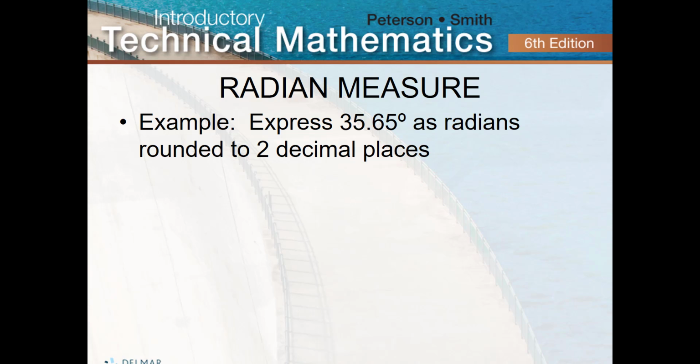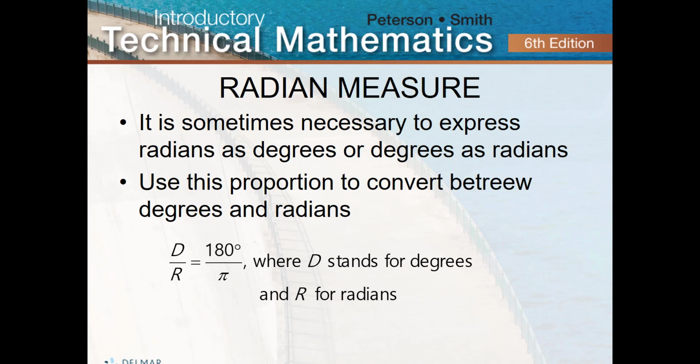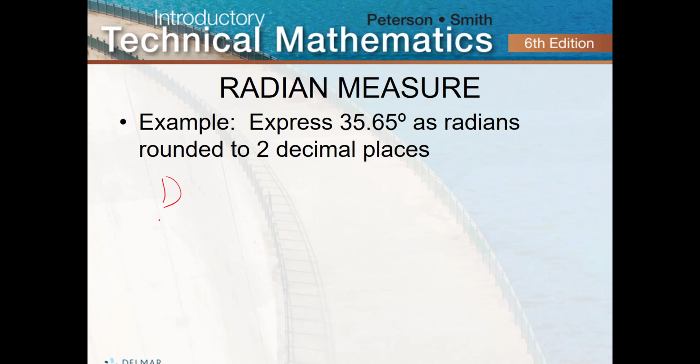All right, so let's go back to our formula. We said degrees over radians equals 180 degrees over pi. So I can now plug in degrees, and I'm going to flip this.